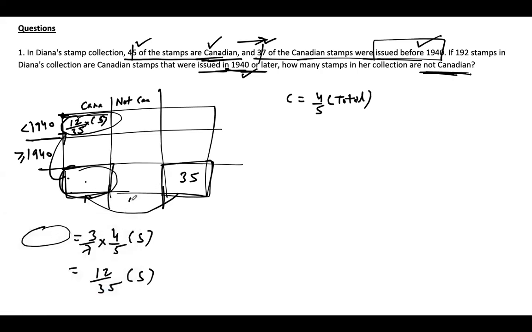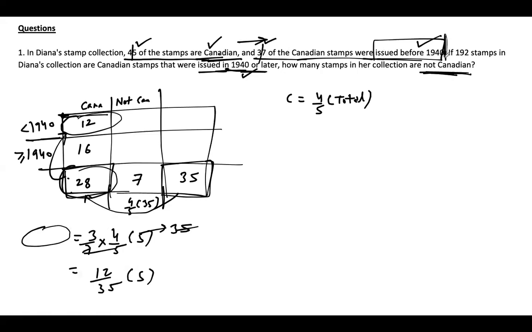So this value would be 7. And putting 35 here, what will be the value of this box? 35 will get cancelled, this would be 3 into 4, which is 12. So this value is 16.